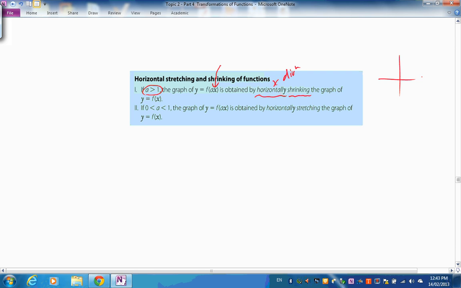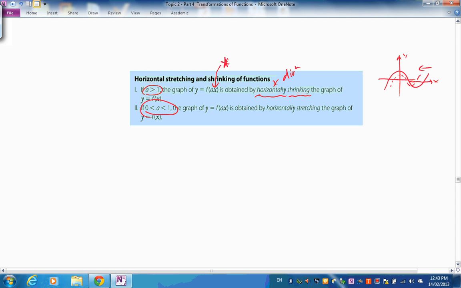Okay, so what we're thinking is here, if you have a graph and you're putting in 2x or 3x, it's actually going to shrink in. It's going to come back this way, because the number in front of x here is bigger than 1.